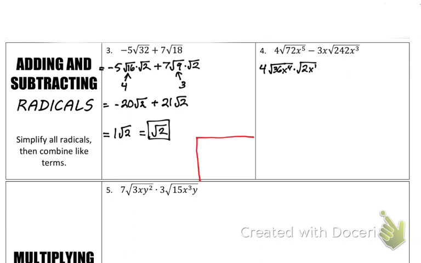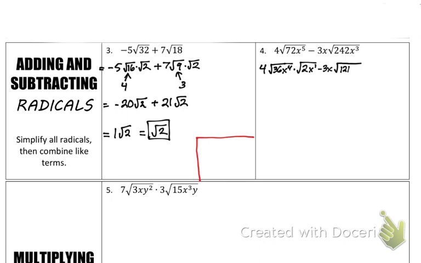Okay. Then I have a negative 3x. This one's a more difficult one. Did anyone find a perfect square that goes into 242? 121 goes into it. Correct. I have x cubed. What can I actually take the square root of? What's the closest thing I can take the square root of?